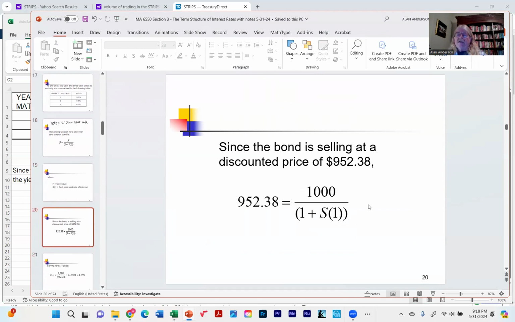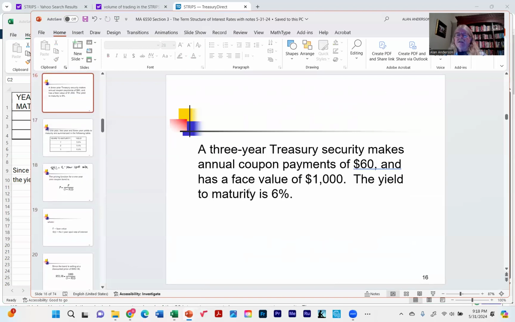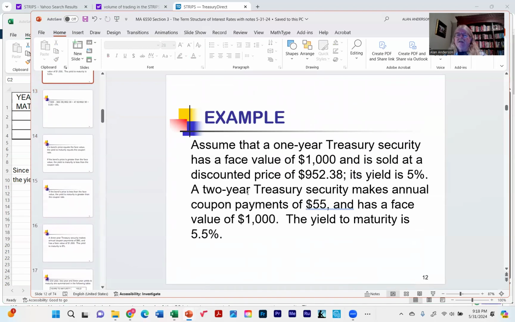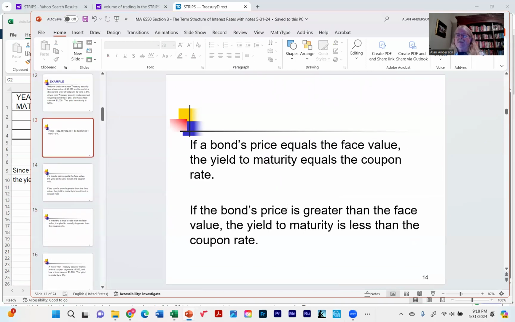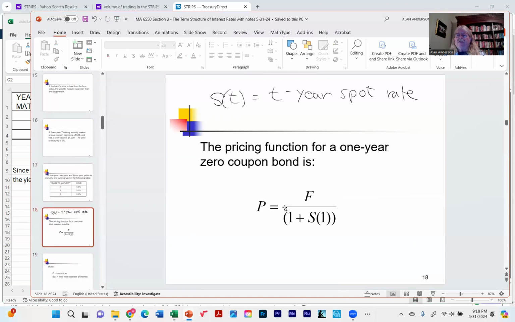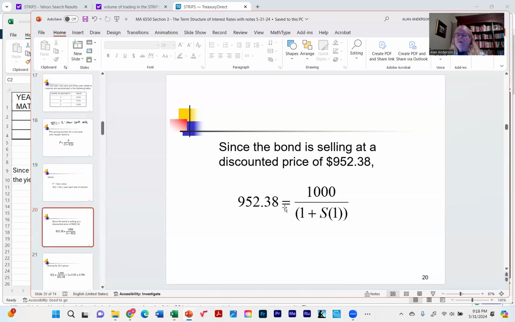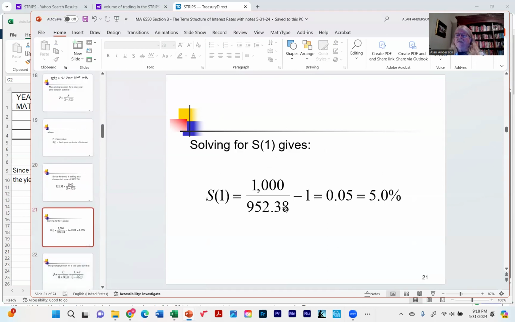So remember, we said that this is a discount instrument. It sells for $952.38. The face value is 1,000, which implies a yield of 5%. And based on the logic I showed you earlier, we can rearrange this algebraically and discover that the spot rate, which equals the yield, is 5%.